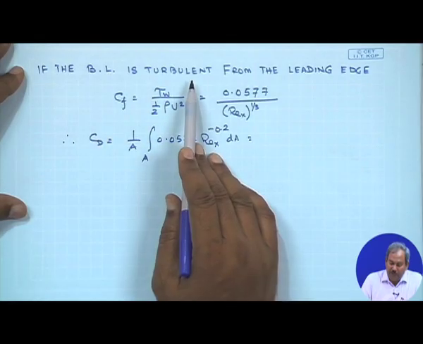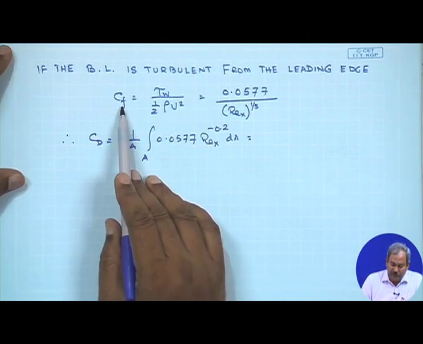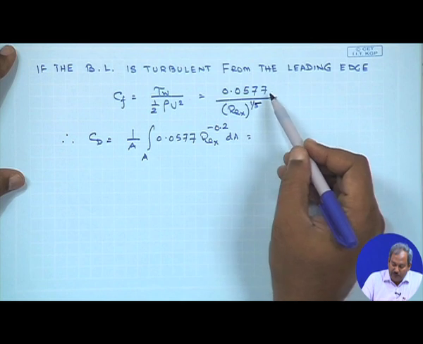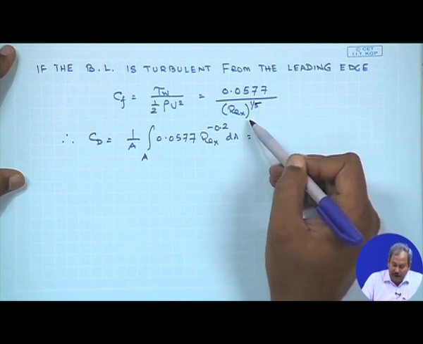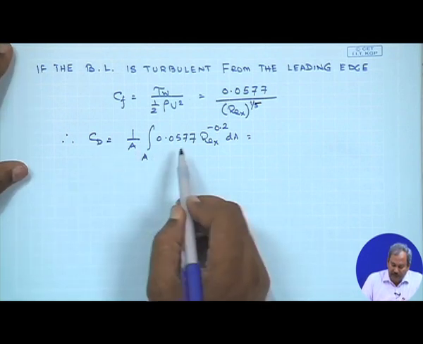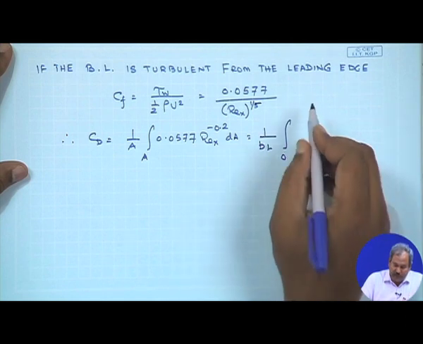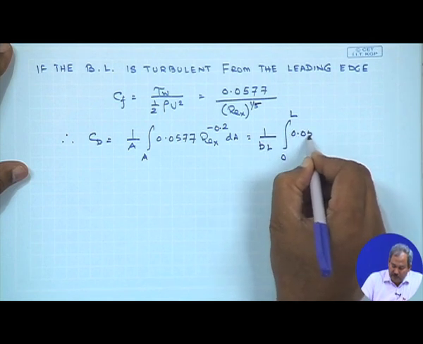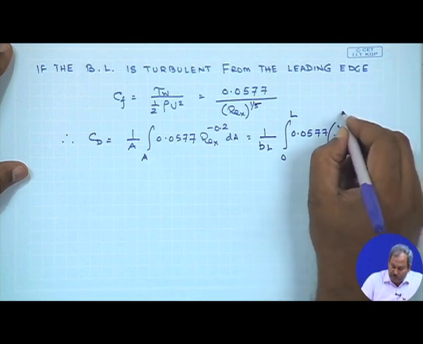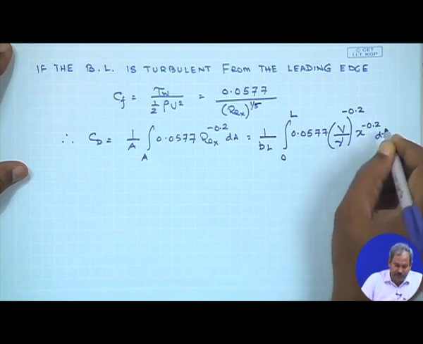If the boundary layer is turbulent from the leading edge itself, that is from the very beginning, then we know that our expression for Cf, as we have seen before, is 0.0577 by Rex to the power 1 by 5. So using the same methodology as before, this would simply be equals 1 by B times L, integrated from 0 to L, of 0.0577 times free stream velocity by nu to the power minus 0.2, x to the power minus 0.2 times dx.